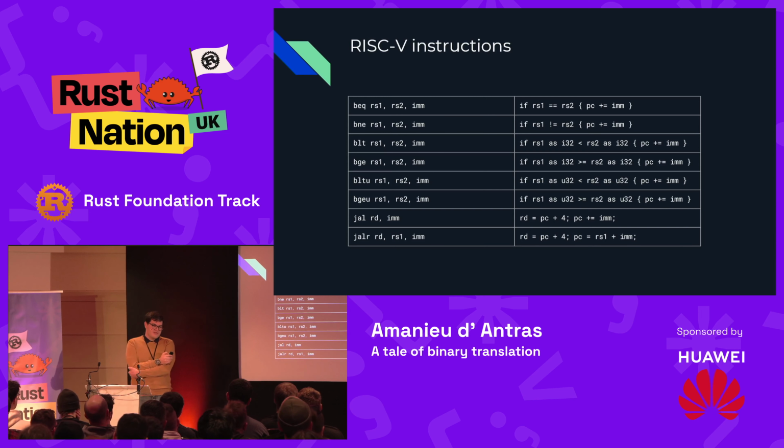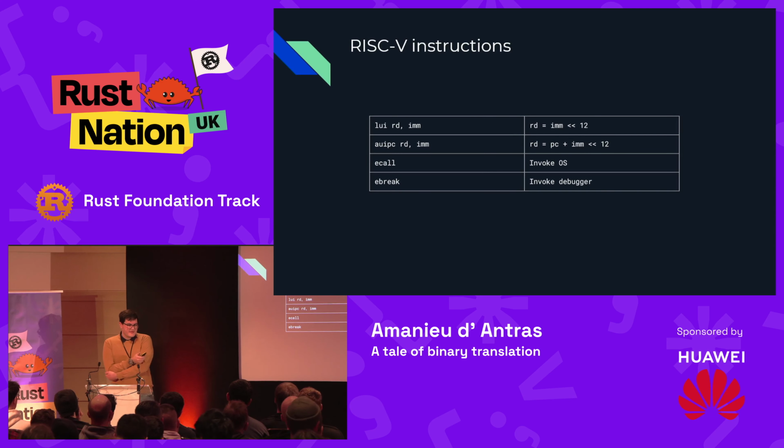There's also jump instructions, which unconditionally jump to a target address, but can also save the address of the next instruction to a register. This is used for function calls where you want to save the return address somewhere so that the function that you're calling knows where to return to.